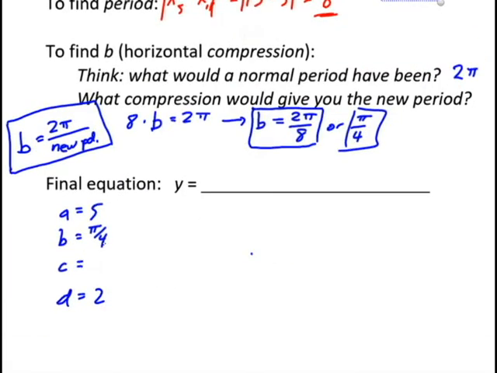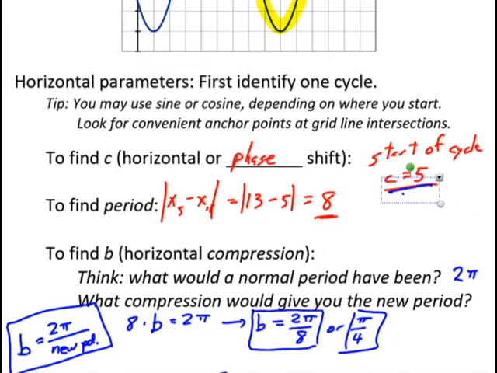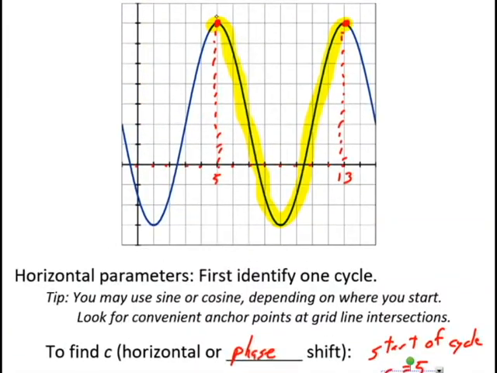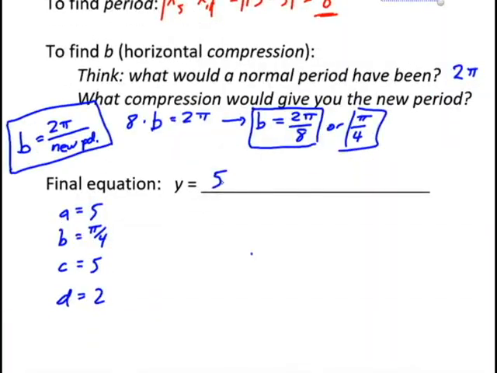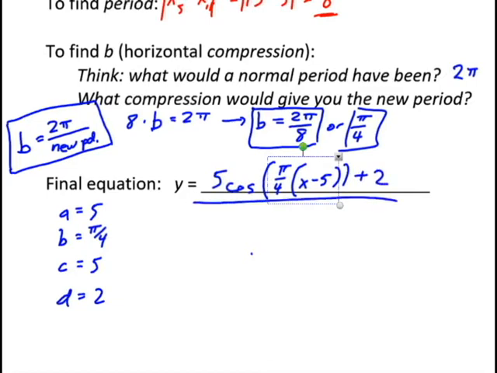C equals 5. And now it's simply A. What kind of cycle did we highlight? That's a cosine cycle. Cosines start at the top. A cosine of B, parentheses. Parentheses are critical. That matches our standard form. And there's our equation.